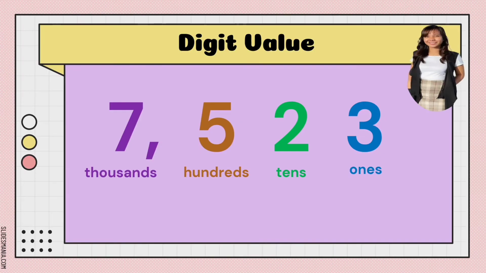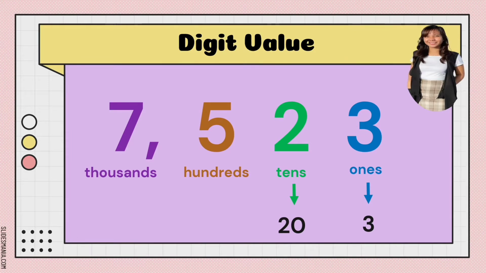Alright, next number. So, digit value. Earlier I gave you the place value. Now this time it's a digit value. From the left, the number 3, so the digit value is 3 because it's ones. There are 3 ones, so the digit value is 3. Next is 2 tens, so the digit value is 20.